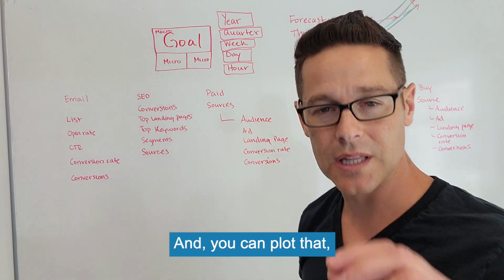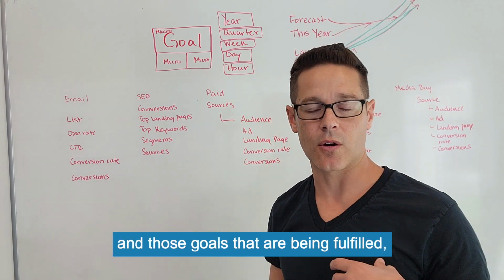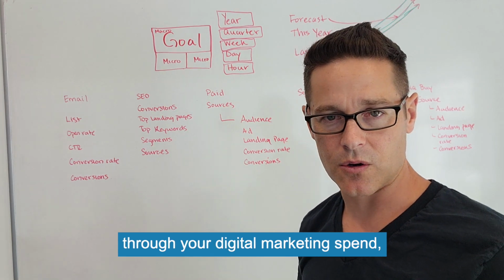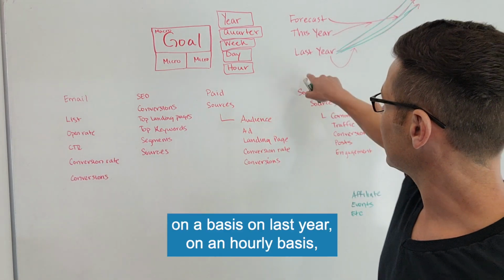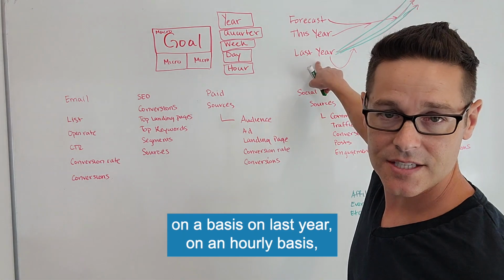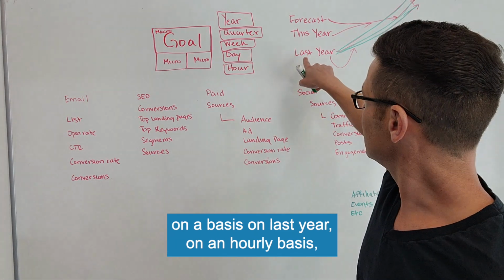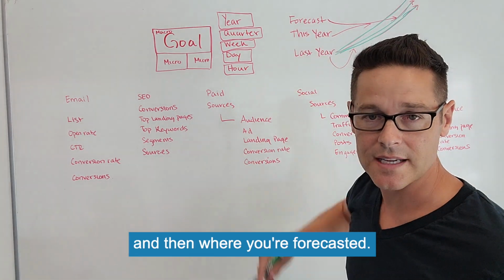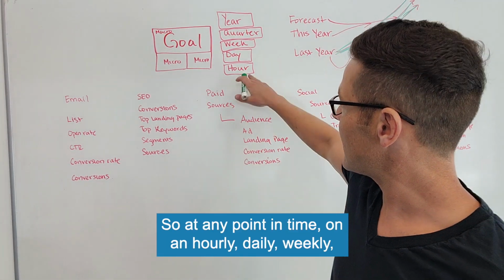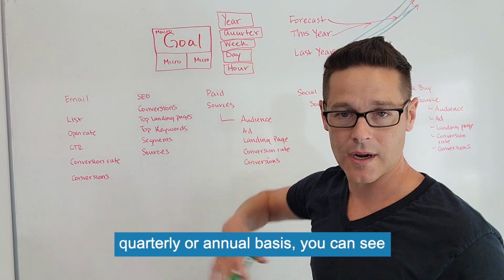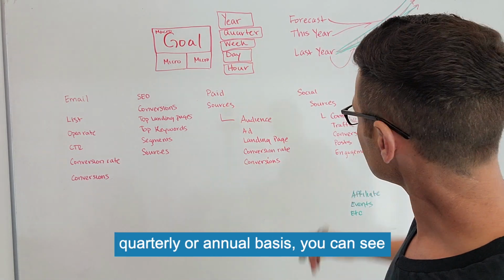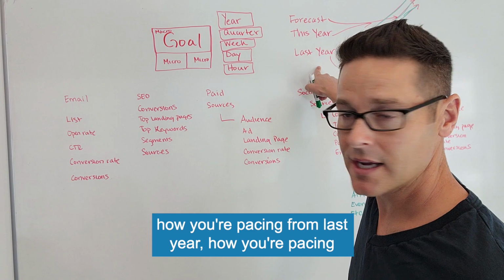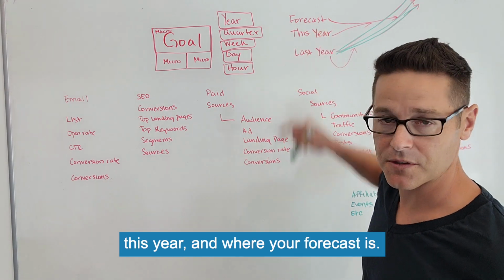And you can plot those goals that are being fulfilled through your digital marketing spend on a basis of last year on an hourly basis, this year on an hourly basis, and then where you're forecasted. So at any point in time, on an hourly, daily, weekly, quarterly, or annual basis, you can see how you're pacing from last year, how you're pacing this year, and where your forecast is.